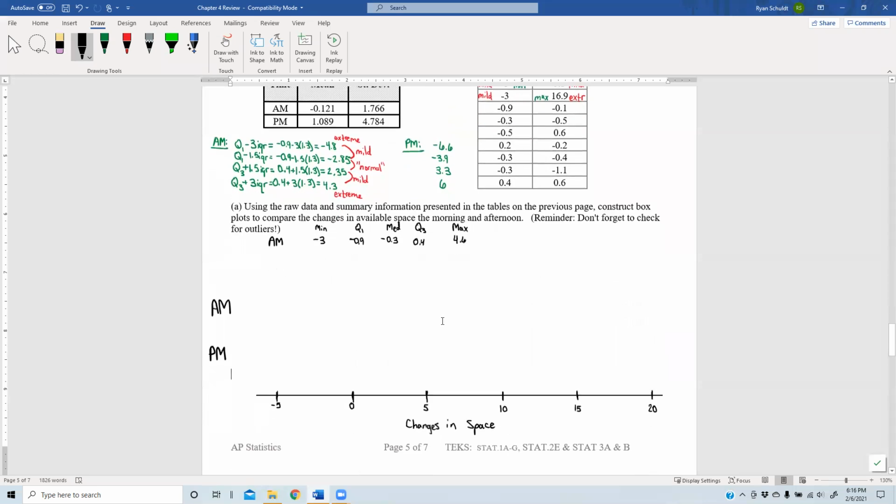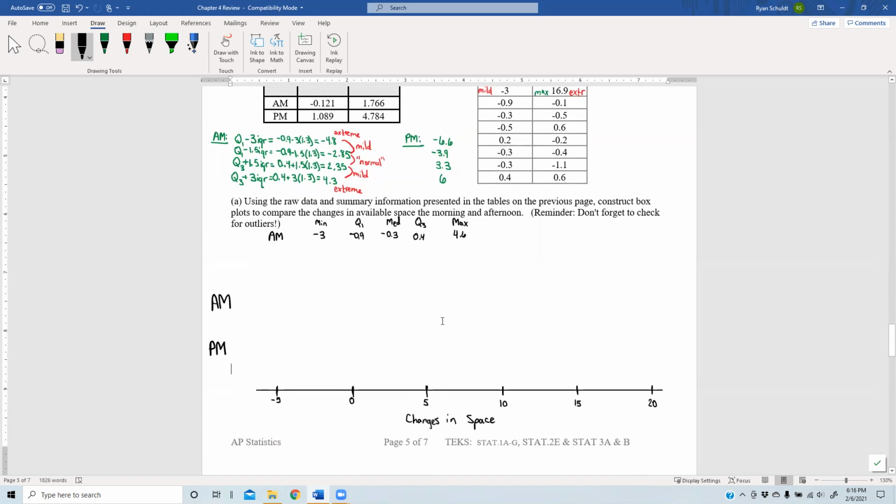Okay, so let's use those numbers to get our box in there. That's the first step. We got to get our box. Okay, so then let's see here. I need -0.9.